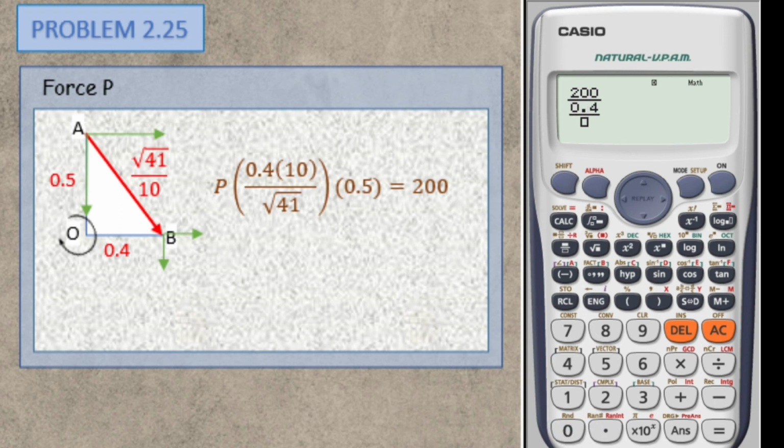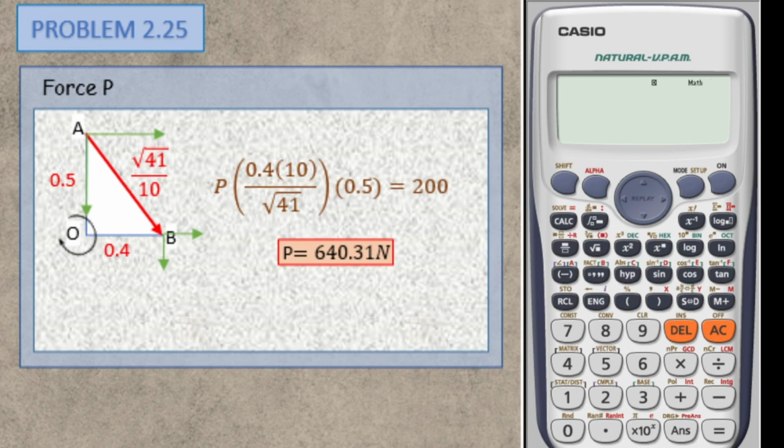Since this one is clockwise, this will also be in the clockwise direction. So 0.4 multiplied by 10 over the square root of 41, times its moment arm 0.5. So it will give us 640.31.